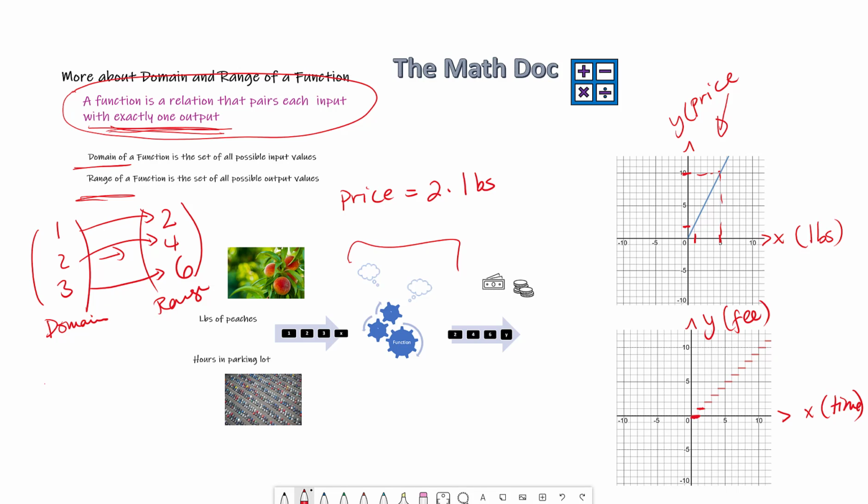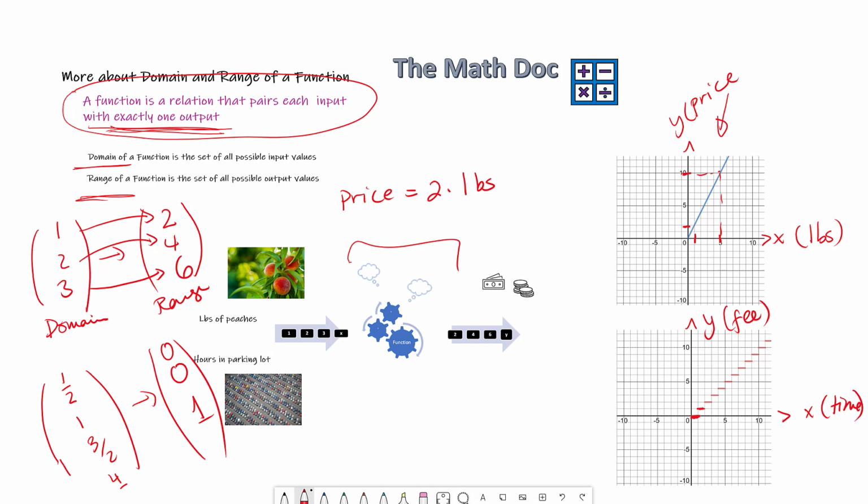And in this case, we could look at half an hour, 1 hour, 3/2 hours. For that first half hour, we have 0. For our first hour, again 0. And then for 1.5 hours, we pay $1.